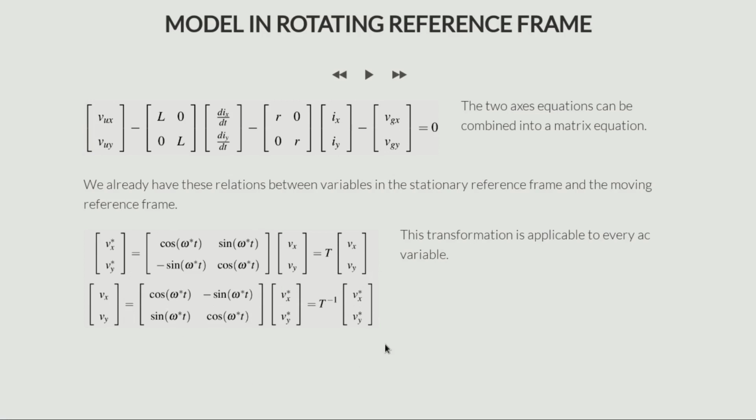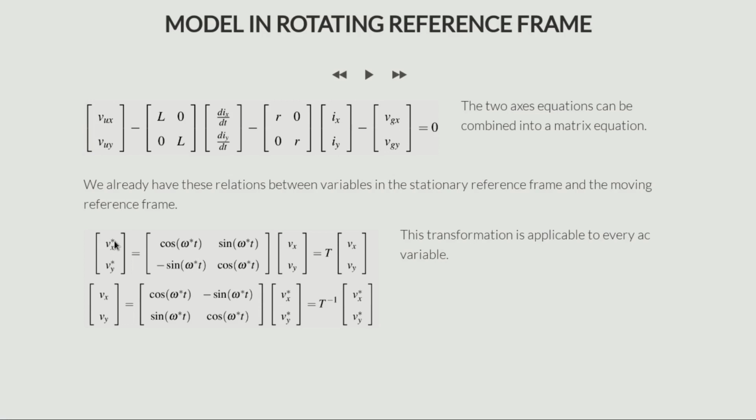This has been done already in the past few lectures. So we can use these relations in this particular equation, because these expressions hold for each and every variable, not just the voltages.